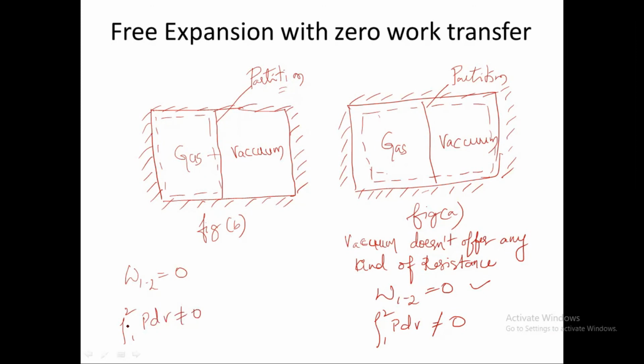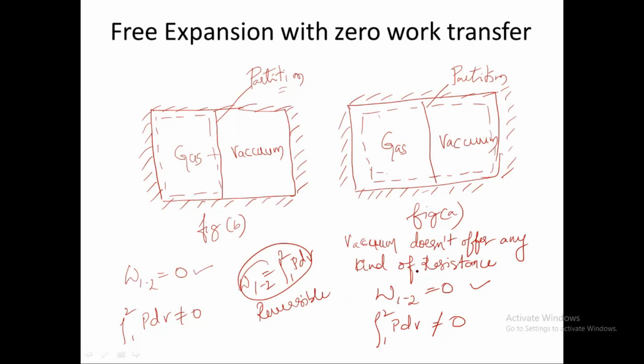You can't calculate work as integral PdV, you can calculate W1 to 2 as integral 1 to 2 PdV if and only if the process is reversible. That is very important. Is this a reversible process? No. Therefore, you can say work is 0, but integral 1 to 2 PdV is not equal to 0.